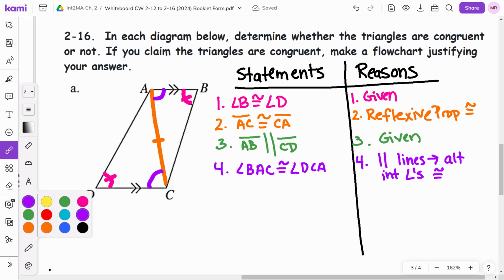Now I have enough information at this point to state that these triangles are congruent. Looking at this, I have angle, side. That's what I have.